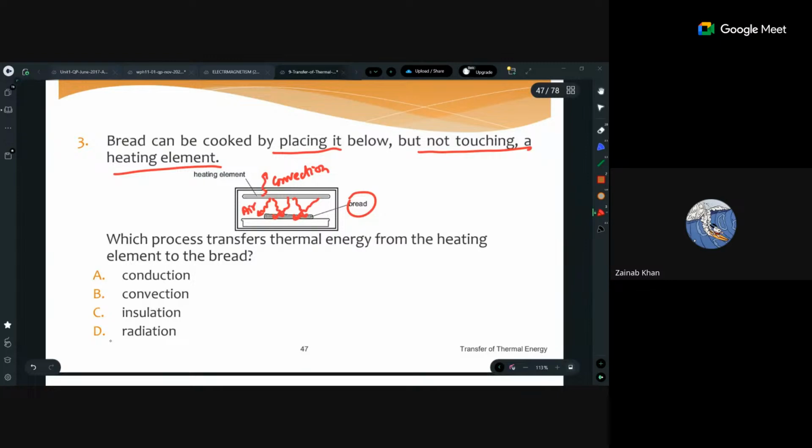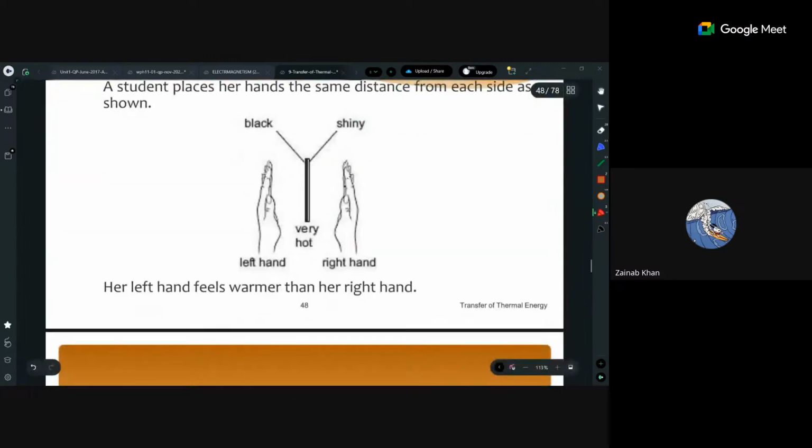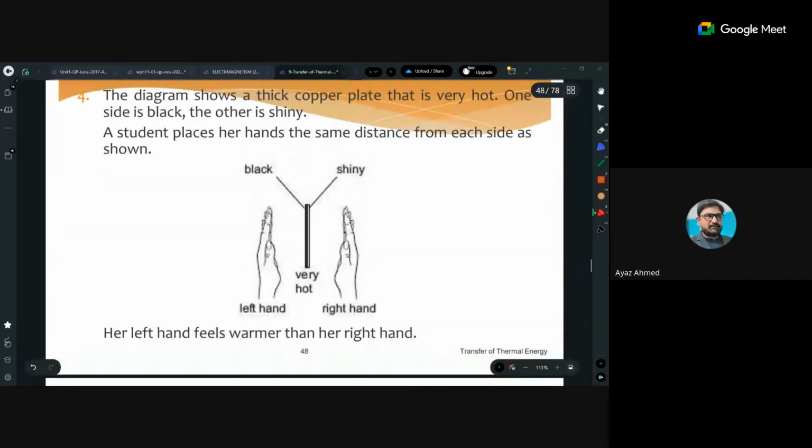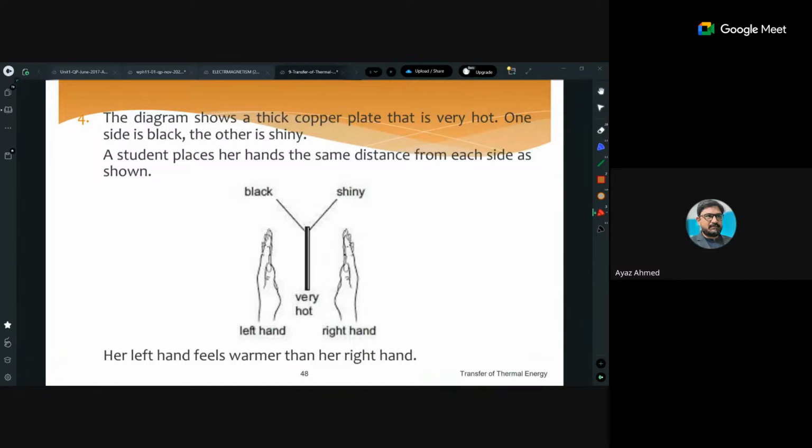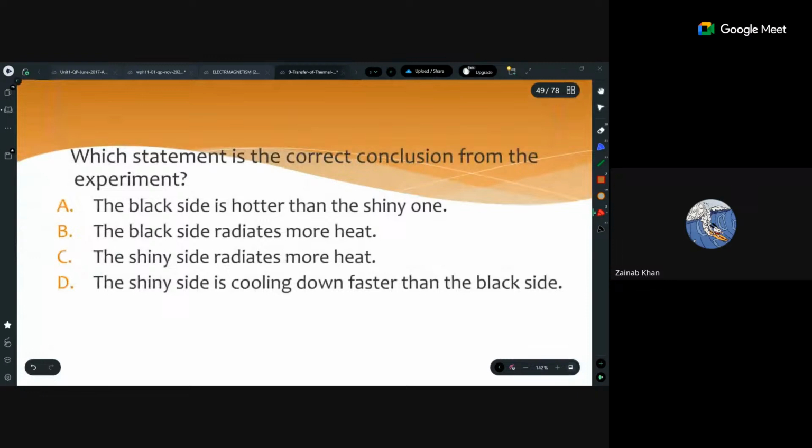Yes, sir. Okay, so which hand would get more heat? The left one or the right one? Sir, the left one. Reason? Because it is dark.